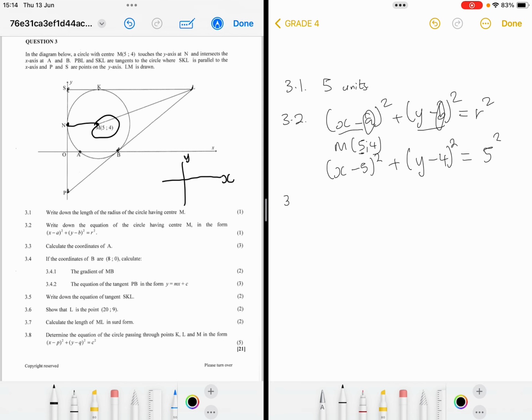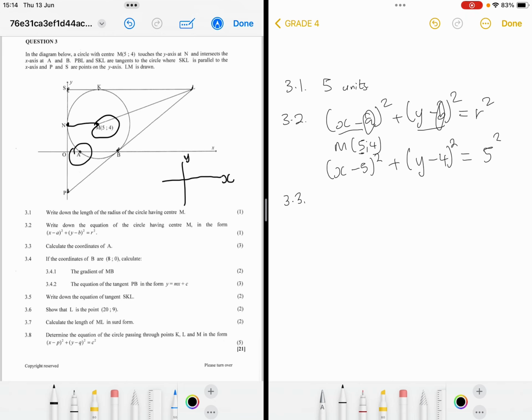Coming to question 3.3. Here they are looking for the coordinates of A. A is a point on the circumference of the circle, and it is also intercepting the x-axis.